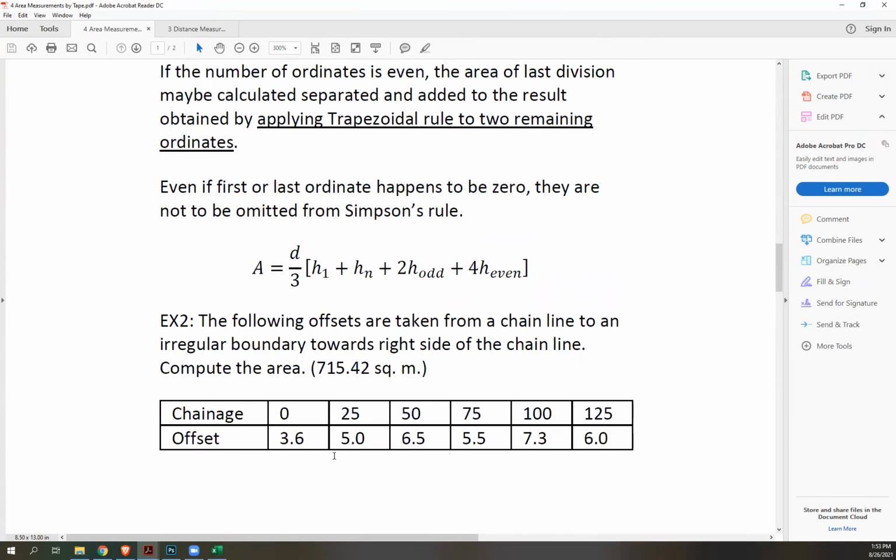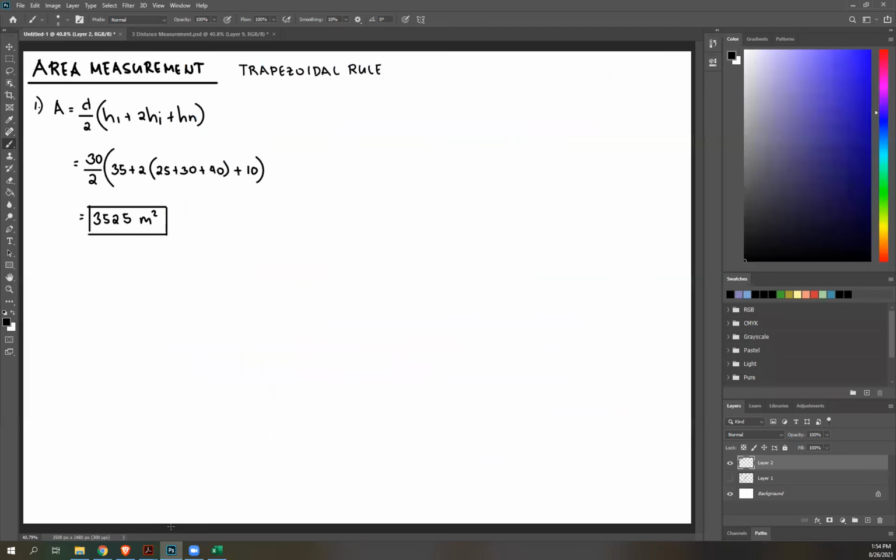So let's look at our example. The following offsets are taken from a chain line to an irregular boundary towards the right side of the chain line. Compute the area. Chainage, if you remember from our first lecture, we're using the chain method, so they use a chain for linear measurement, and we have taken offsets at certain intervals.